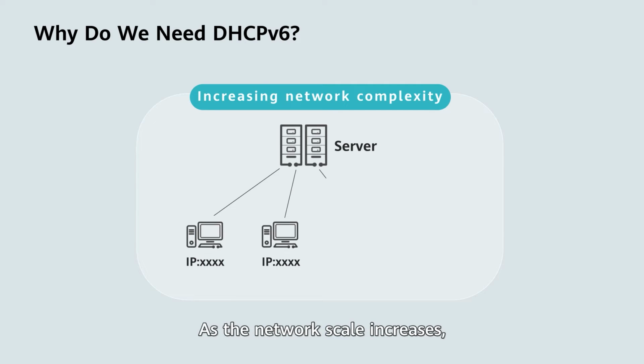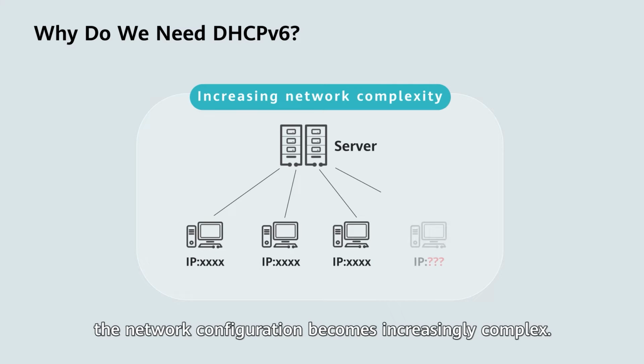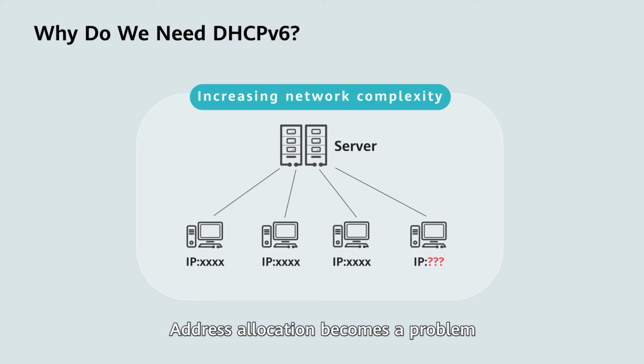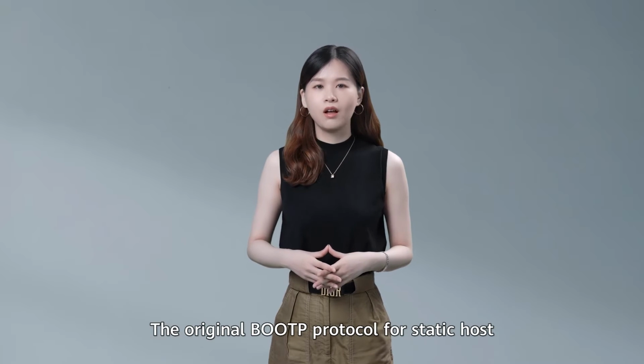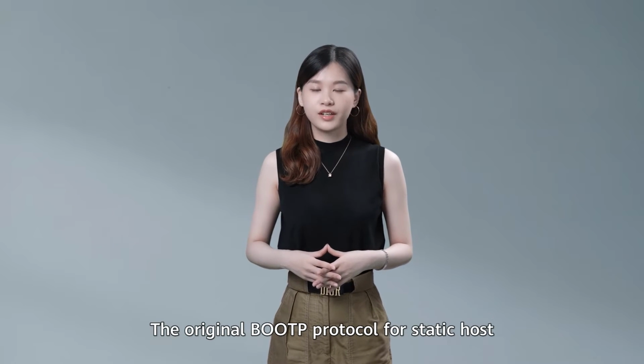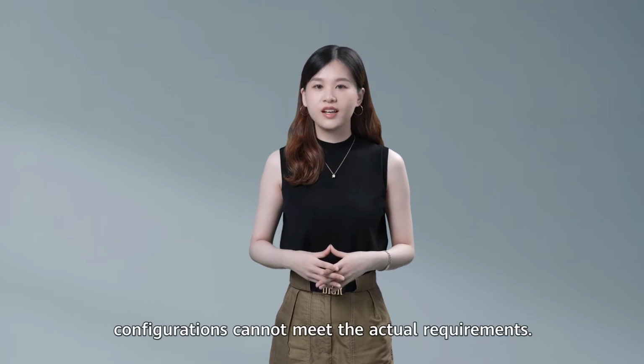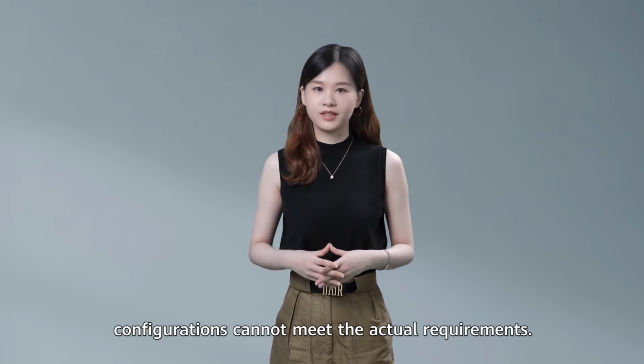As the network scale increases, the network configuration becomes increasingly complex. Address allocation becomes a problem in situations such as when computers frequently move or there are more computers than allocable IP addresses. The original BOOTP protocol for static host configurations cannot meet the actual requirements.